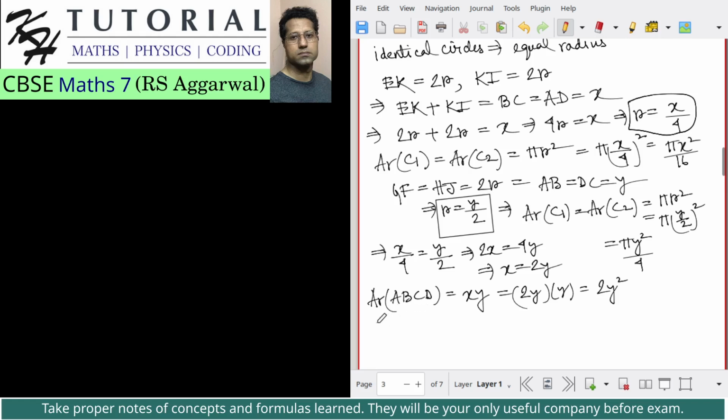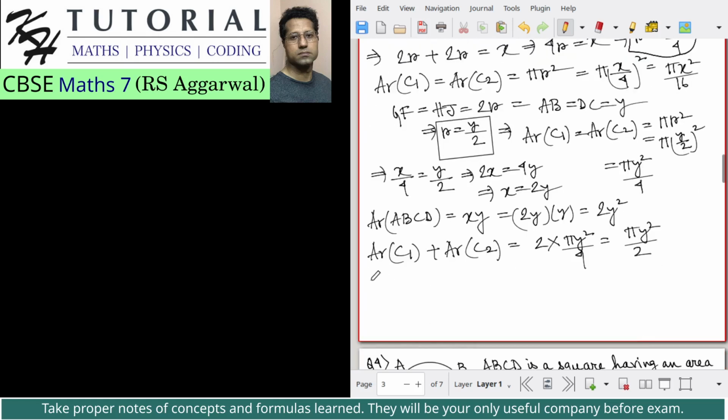And what is the sum of the areas of the two identical circles, area C1 and area C2? It is 2 multiplied by the area of each circle, which is pi y square by 4. This is equal to pi y square by 2.